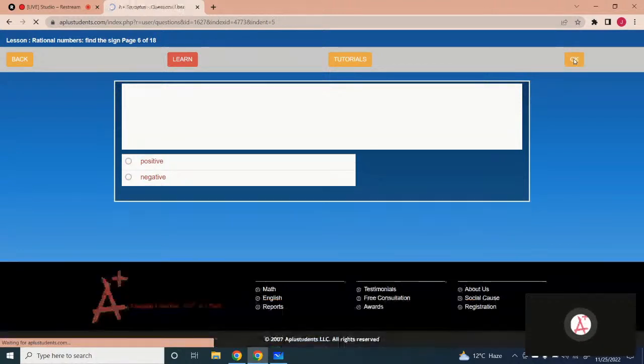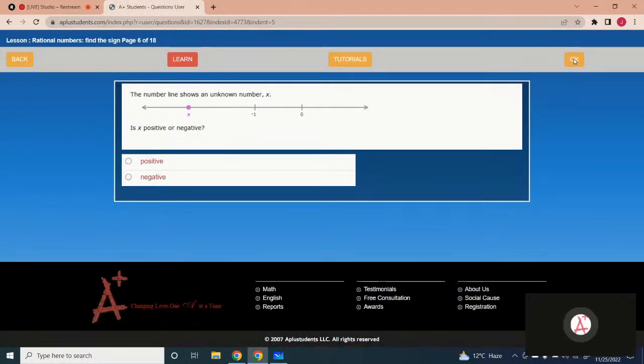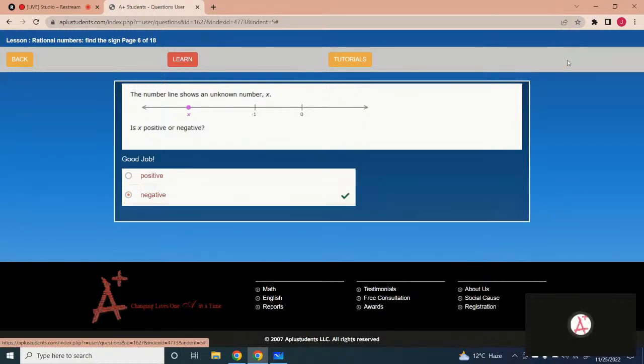Okay, the next one is the number line shows an unknown number x. Is x positive or negative? It is negative. Got it? Because it is on the left hand side of the zero, so it must be negative.